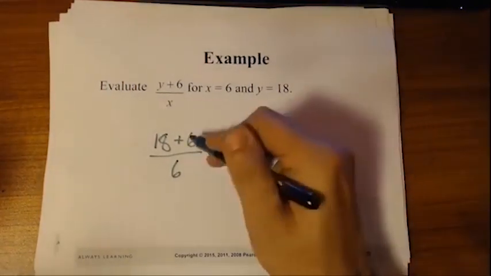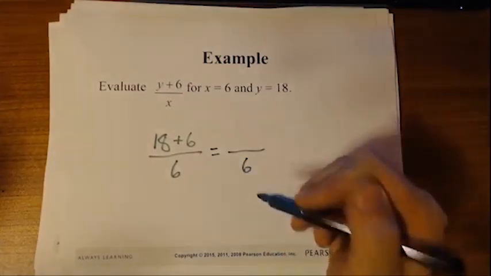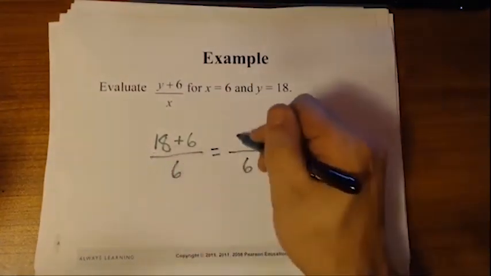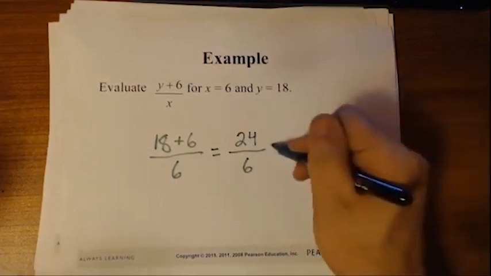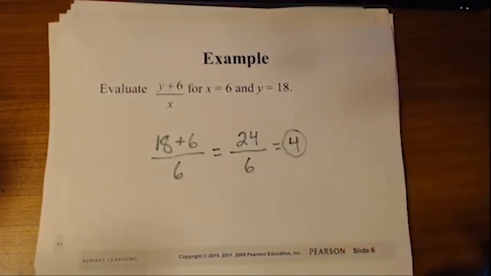Order of operations, do top and bottom separately. So the bottom is just 6 still. On top, 18 plus 6 is 24. And then 24 divided by 6 is 4.